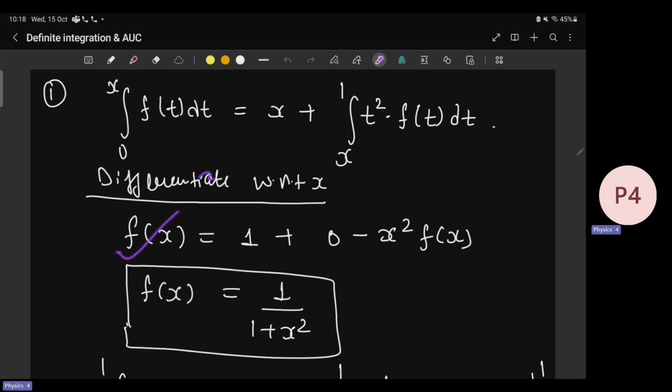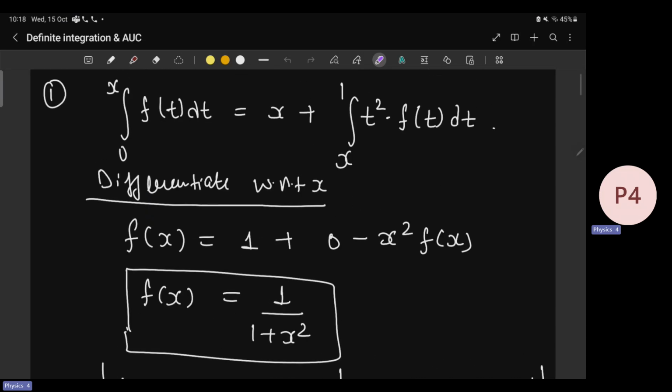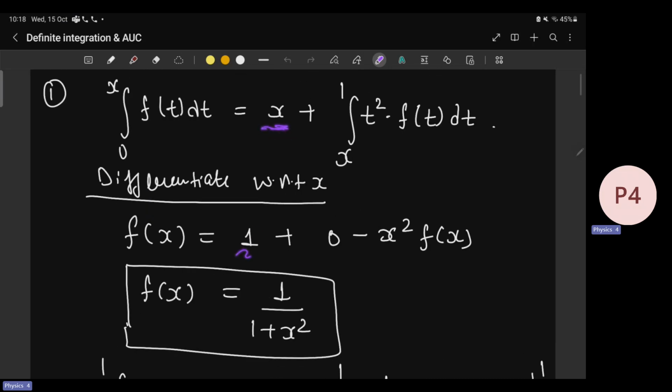This is simple. We get f of x equals the differentiation of x, which is 1, plus the differentiation of this one: 1 into f of 1 into the differentiation of 1, that is 0, minus x square f of x into the differentiation of x, that is 1.